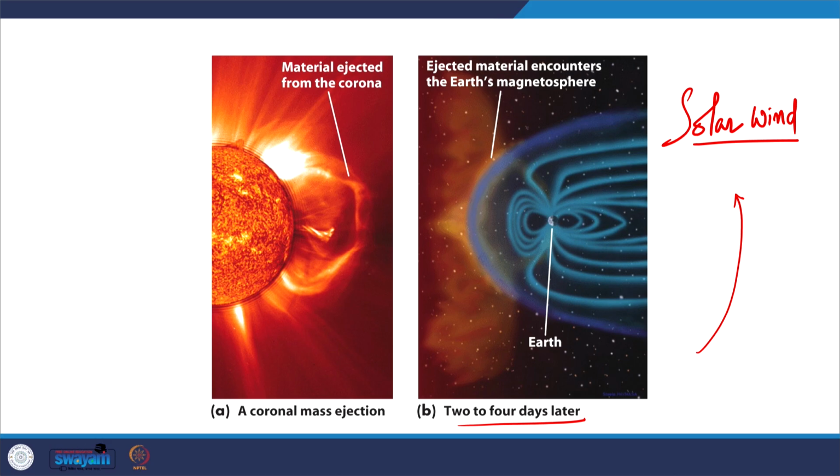So, for example, if the position of the sunspot is in phase with the revolution of the Earth around the sun, then there is a possibility that this coronal mass ejection, the huge bubble or cloud of plasma, may directly overlap on the Earth.